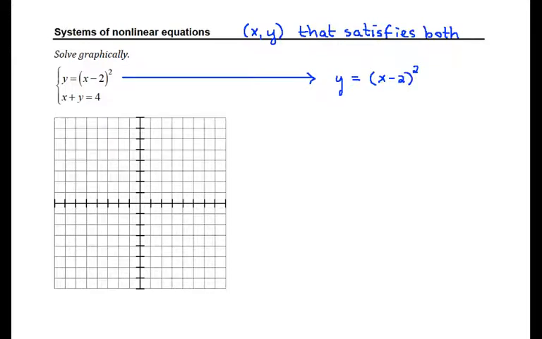y equals (x minus 2) squared is a quadratic function, and it is written in vertex form so we can see the transformations. This is just one transformation of y equals x squared, which is a shift right 2.